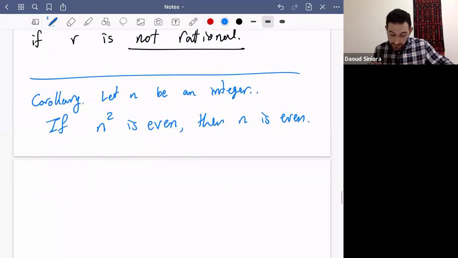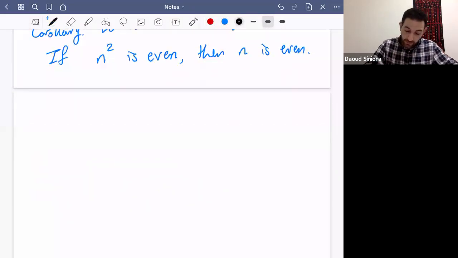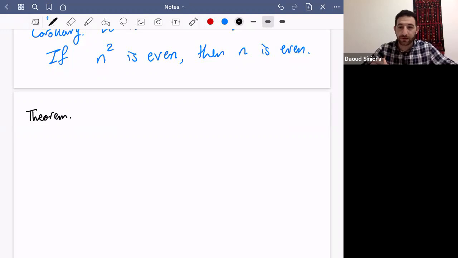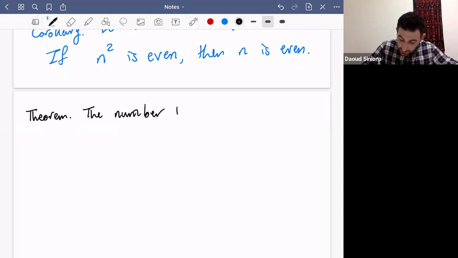Okay, so let's prove our theorem of today. The main theorem of today says that the real number square root of 2 is irrational.